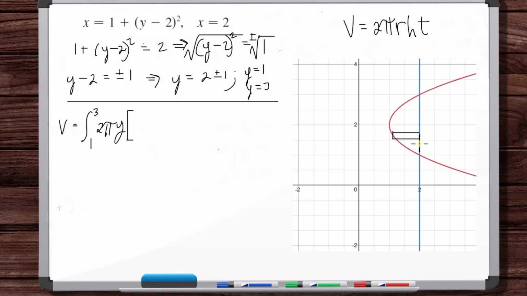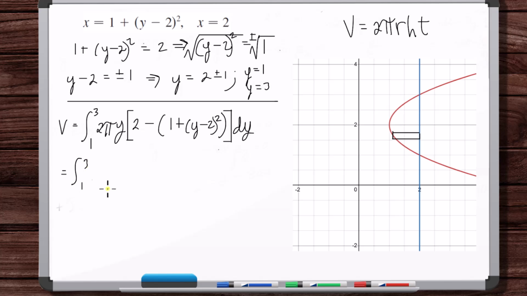And then the height is 2 minus this x coordinate, which is 1 plus y minus 2 squared, dy.